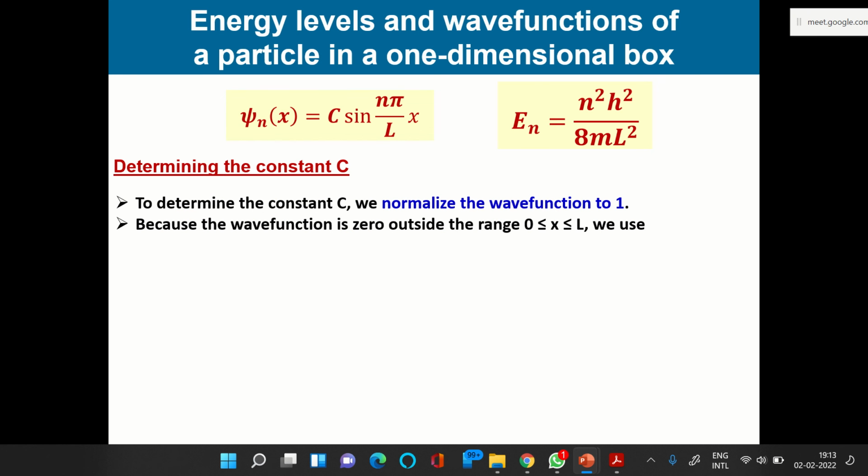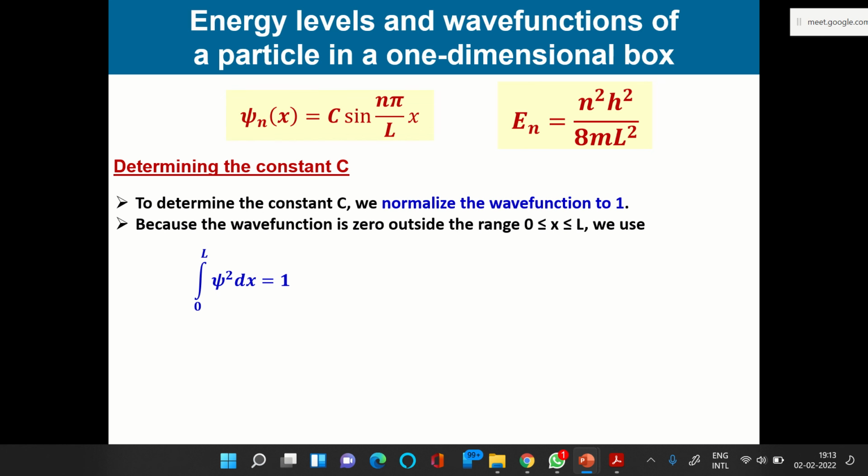So we have to determine C. We have not yet normalized the wave function. That is a task that is remaining. The particle can be found only between 0 and L. Outside the box, the wave function will be 0.